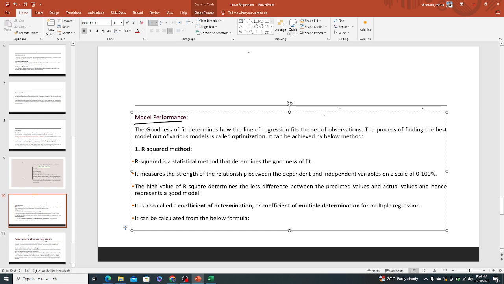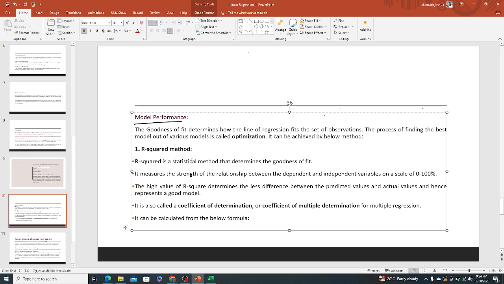So if we have a high value of R squared, it means we have less residual, or less difference between the predicted values and the actual values, hence it represents a good model. That's how we know it is a line of best fit.